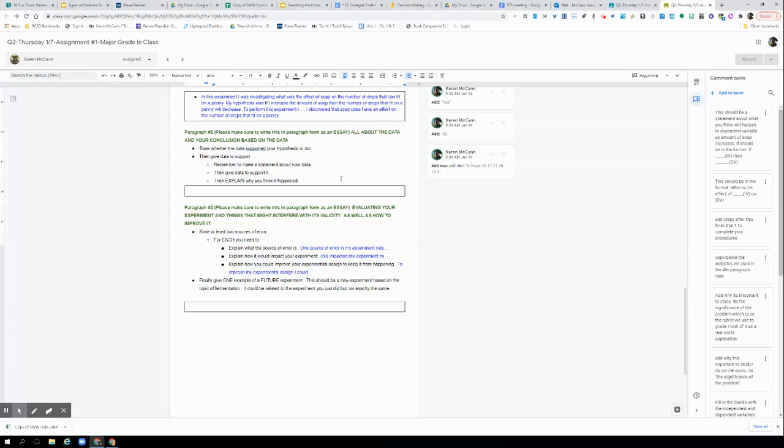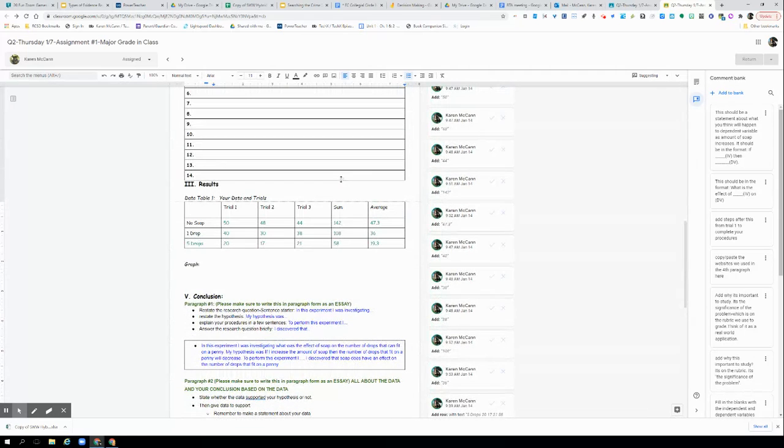So this is your most important paragraph, and it's all related to your data. So before we do anything, you should go up to your data table and look at your data that you have here. Now your data should look different than mine. I used made up numbers for mine.